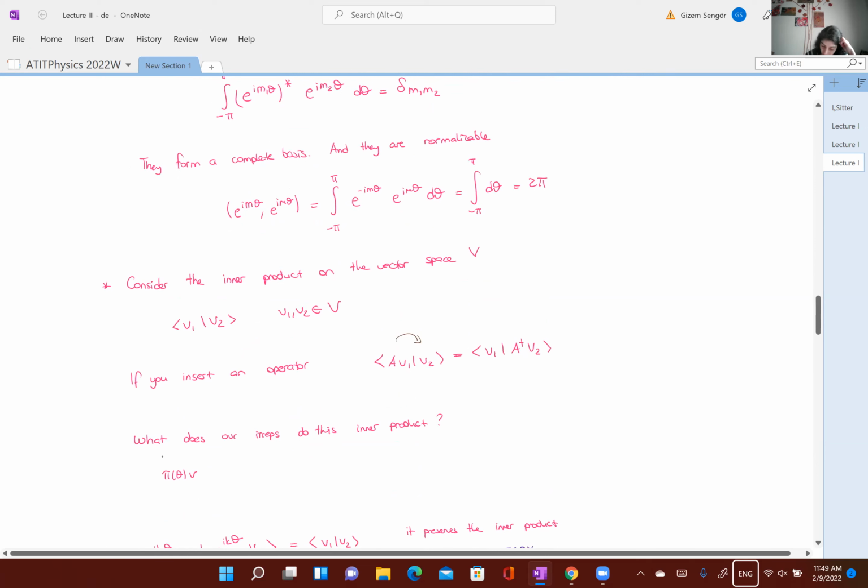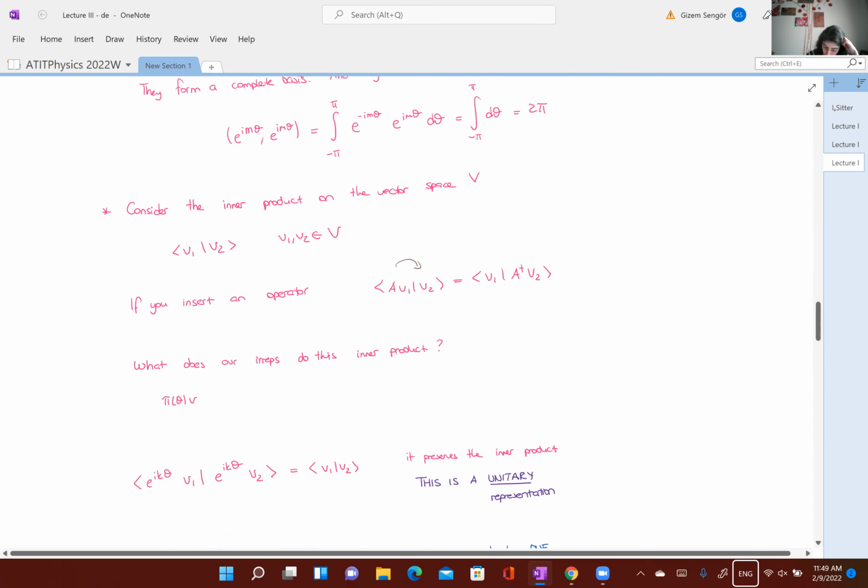Now, let's see what our reps do to this inner product. Originally we have the inner product of V1 and V2, but our rep takes V1 to pi(theta) V1, which is e^(ik theta) V1, and it takes V2 to pi(theta) V2, which is e^(ik theta) V2.